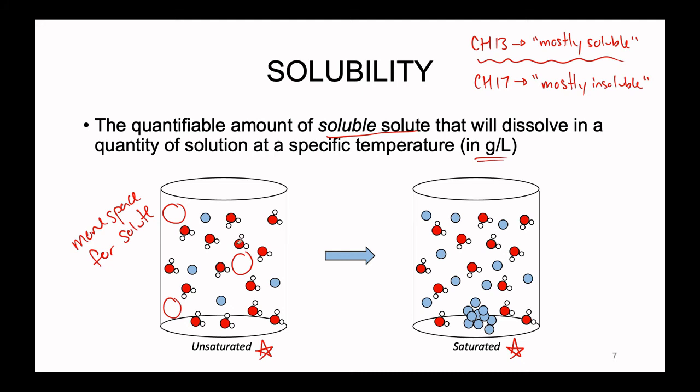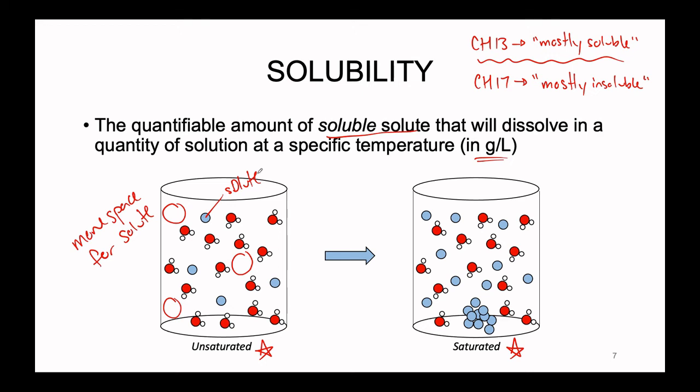And so it looks like if we were to take all of our solute particles, which are these blue things here, and physically sprinkle them in the solution, we'd see it all dissolve, we'd see it all disappear. So the solution would become clear, a nice homogeneous mixture, and this is because we still have not reached the saturated point yet.